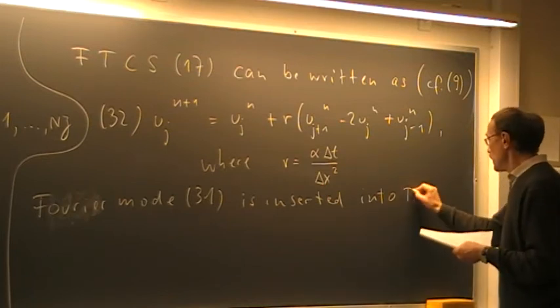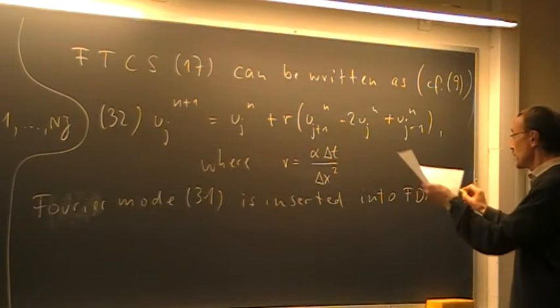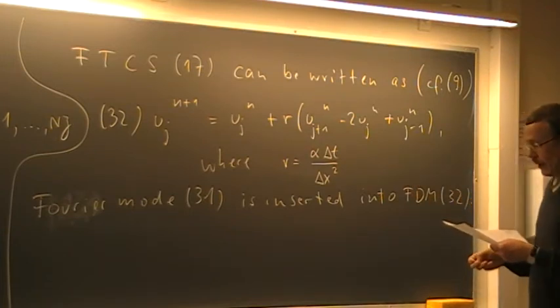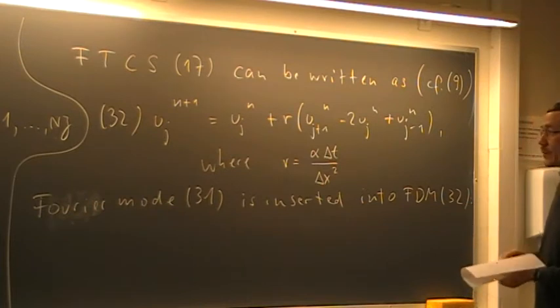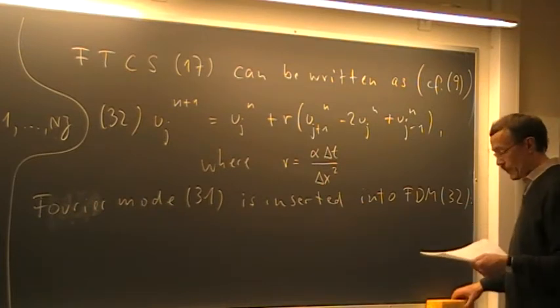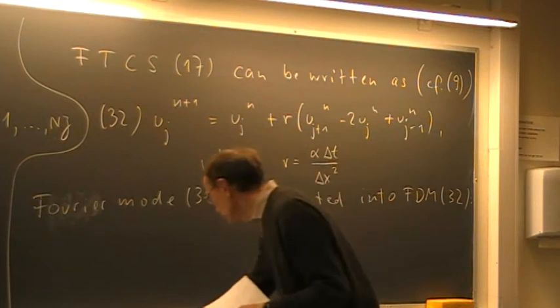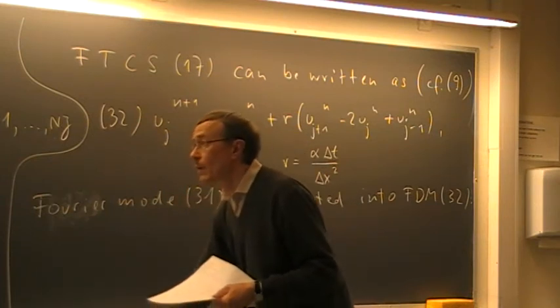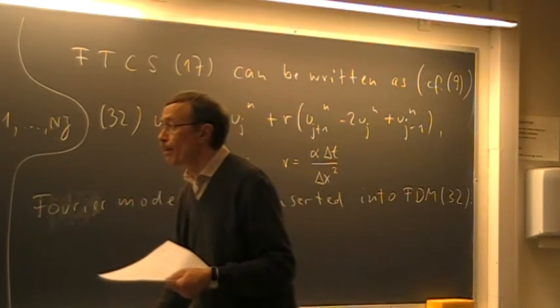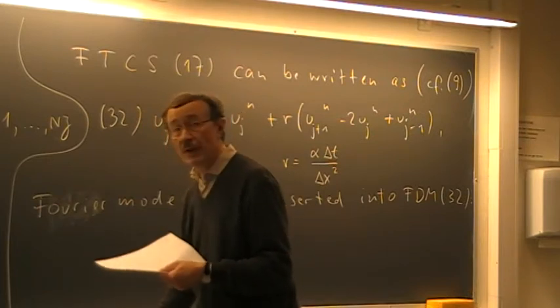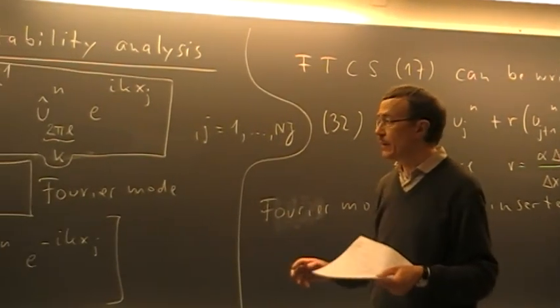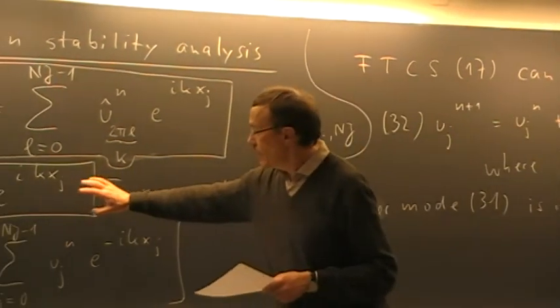And that is, in our case, just the equation that we wrote. And then we get the following, so we need a bit of space for that. We just do it almost mechanically. Put this mode in here.